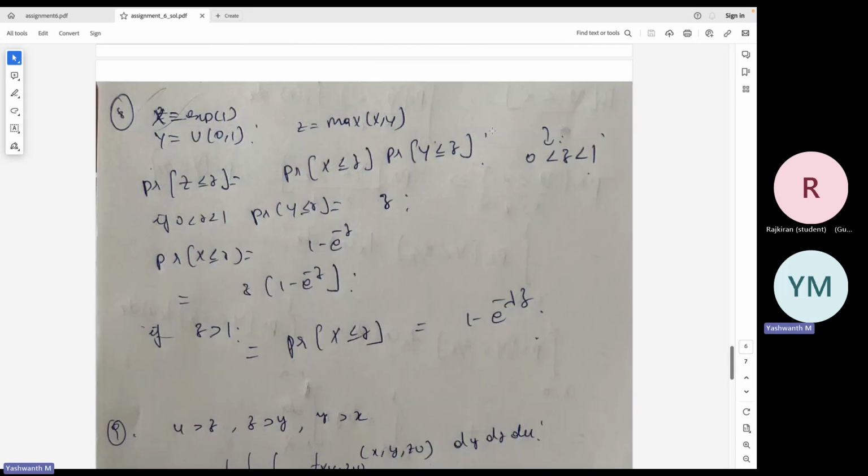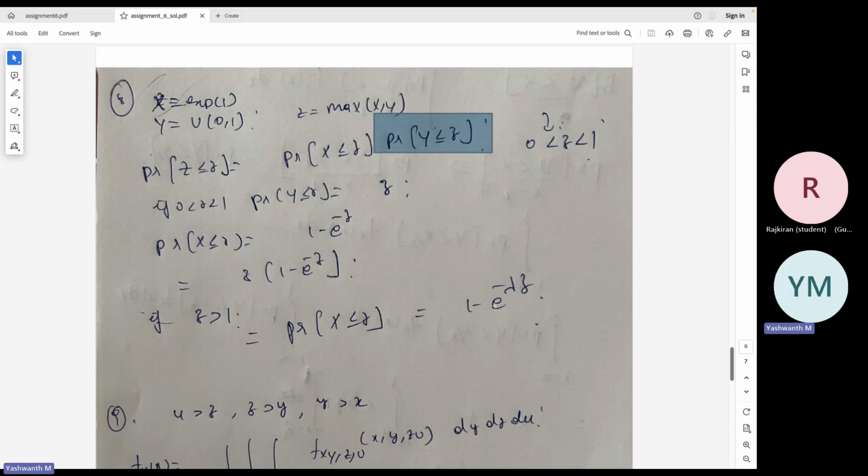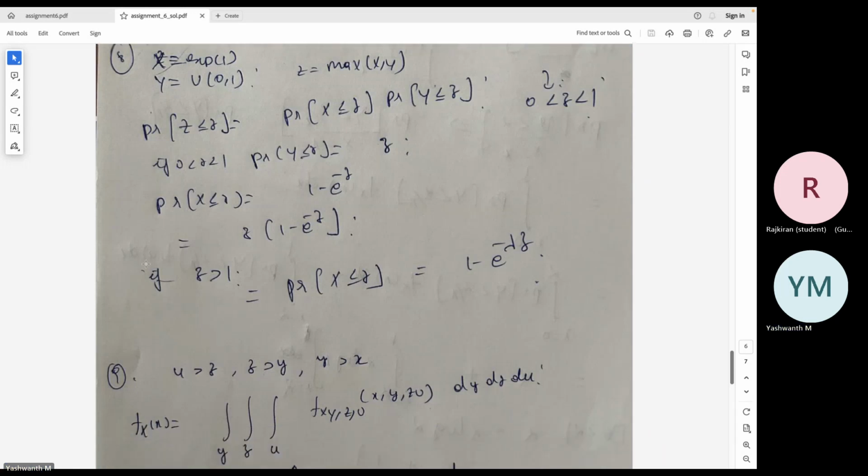And when z is greater than 1, this anyway is 1, and you only have this thing, 1 minus e power minus lambda z. I think here lambda is 1. So if it is greater than 1, this is the distribution, and if it is less than 1, this is the distribution.